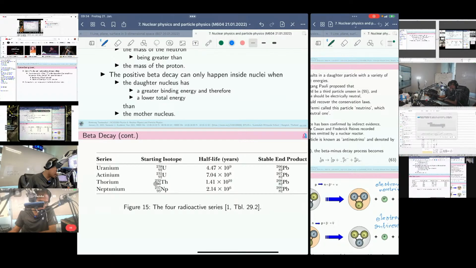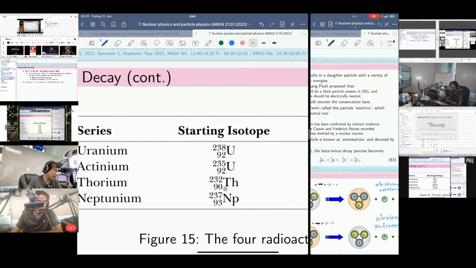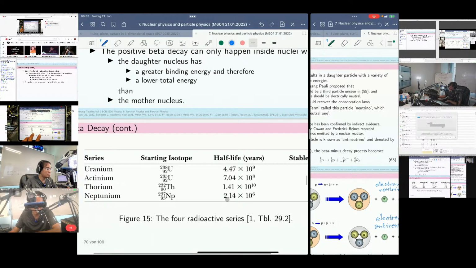The next one is 93, which is neptunium. Neptunium has 237 nucleons. It's a little bit bigger than uranium and thorium, and the proton number is a little bit greater. It's 93. They will all end up with lead, right?